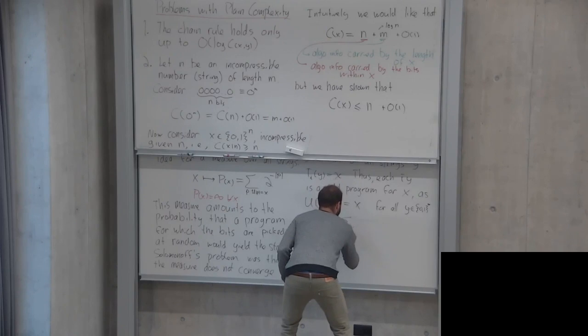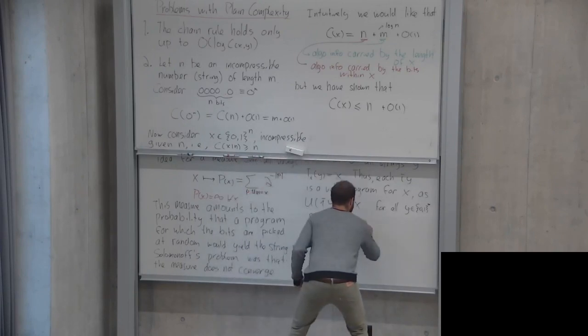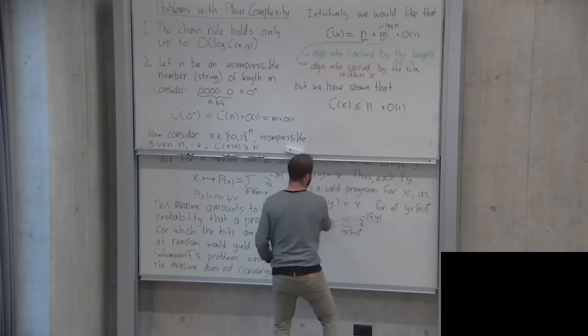So it's the sum over all y in {0,1}* of 2 to the minus length of i-bar y, the length of the program.